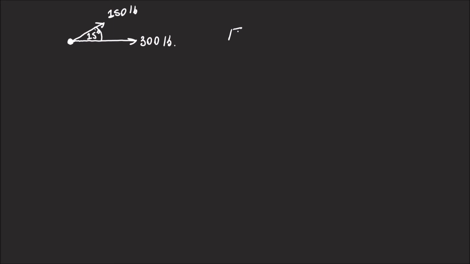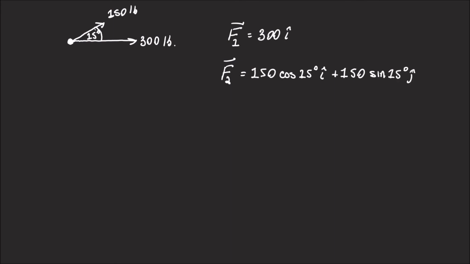So let's call force 1, 300i. Force 2 has a magnitude of 150 pounds with a 15-degree angle to the positive x-axis. So it'd be 150 cosine of 15 degrees i plus 150 sine of 15 degrees j.